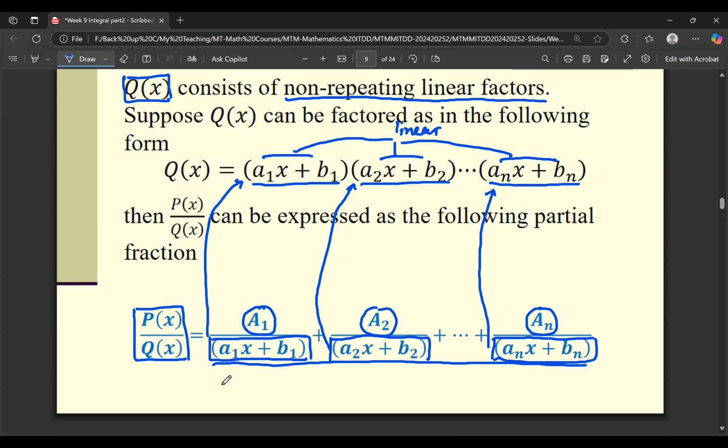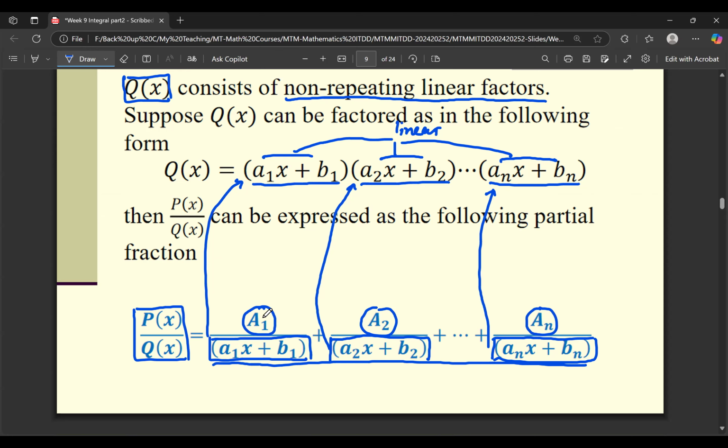The factors in the denominator are linear, but the numerator must be constant, so constant, and also constant.